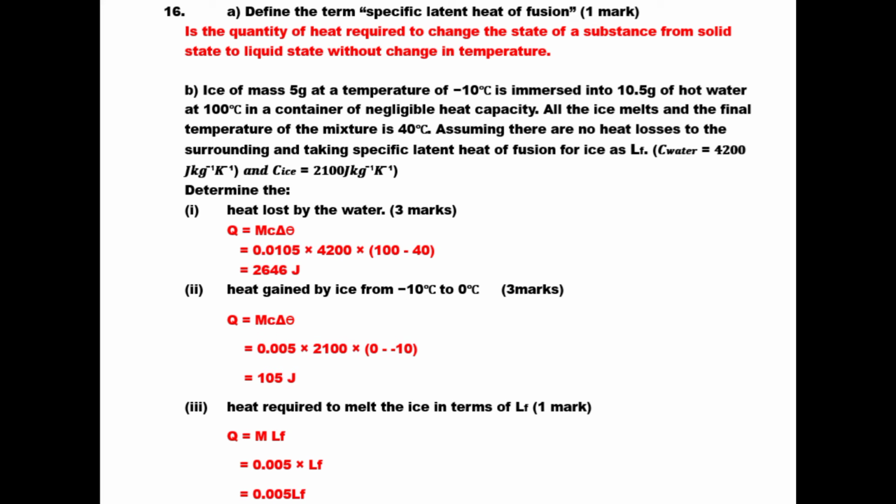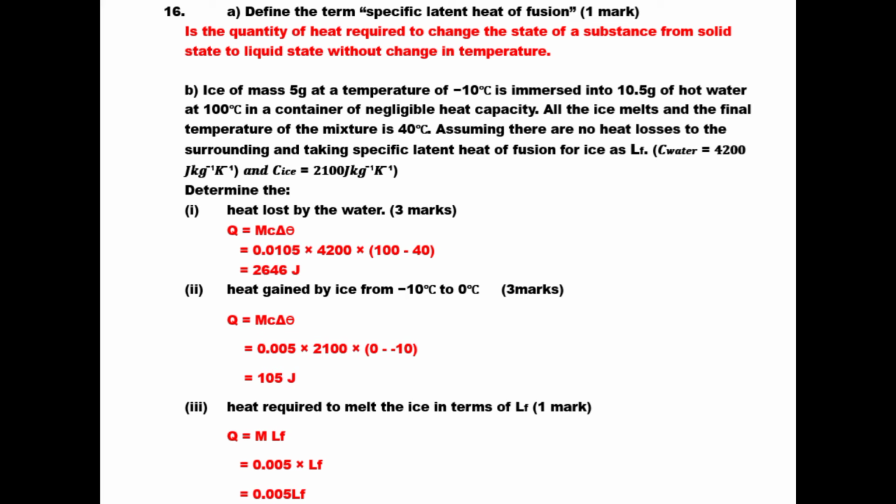All the ice melts and the final temperature of the mixture is 40 degrees Celsius. Assuming there are no heat losses to the surrounding, and taking specific latent heat of fusion of ice as LF, specific heat capacity of water 4200 joule per kilogram per Kelvin, and specific heat capacity of ice 2100 joule per kilogram per Kelvin.